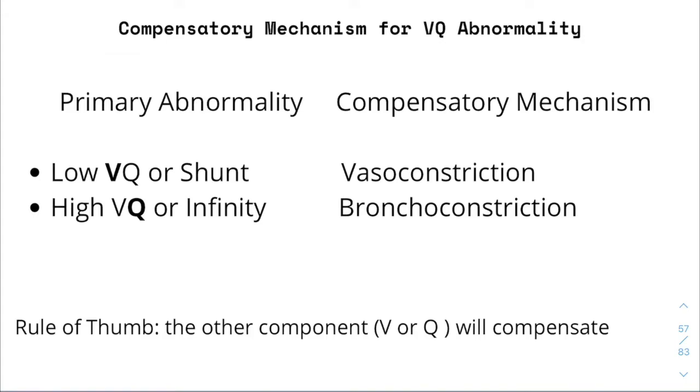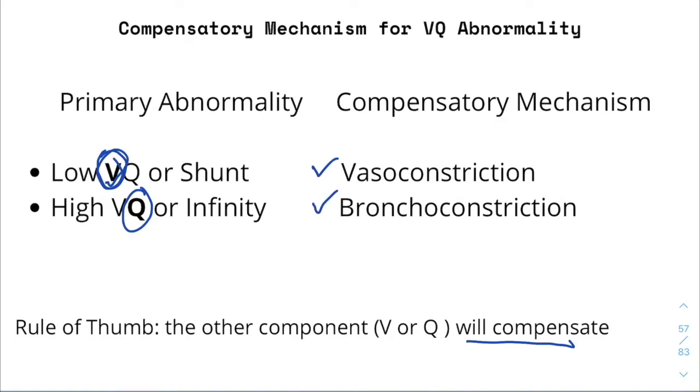Remember, if the primary abnormality is your ventilation, there would be vasoconstriction. If the primary abnormality is your perfusion, there would be bronchoconstriction. So the rule of thumb: the other component will compensate.